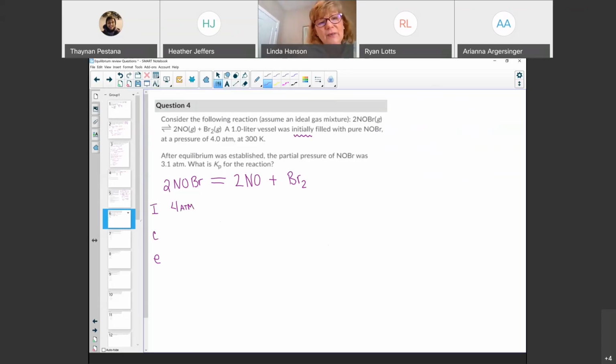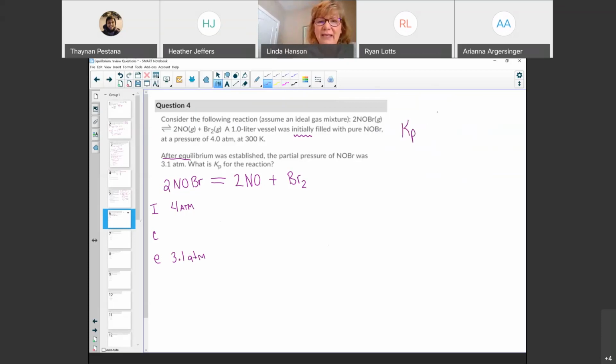The other keyword I see as I'm reading through is that after equilibrium was established, the partial pressure of NOBR was now 3.1 atmospheres. Seeing the equilibrium lets me know to fill out the bottom row, the E. Calculate the Kp for our reaction.